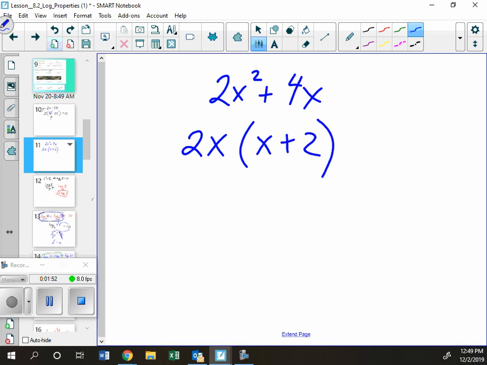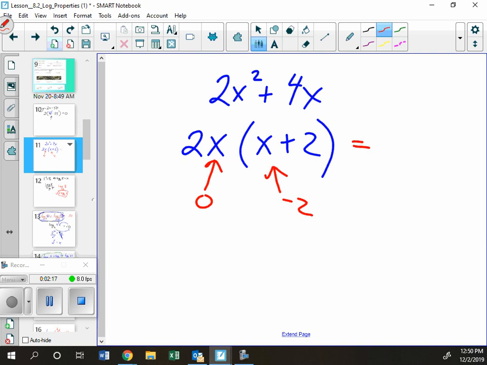Excellent. And then, are there 2 answers to this one? Yes, there are. Because that could be negative 2, and that would make it equal 0. Or that could be what? 0. Now, did either of those involve square roots of negatives?